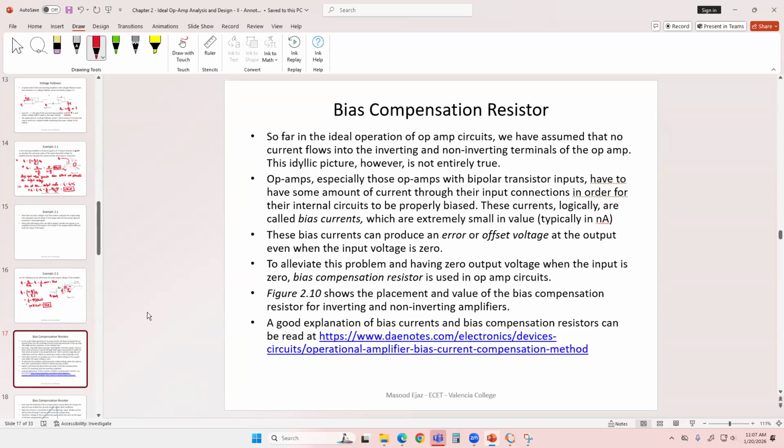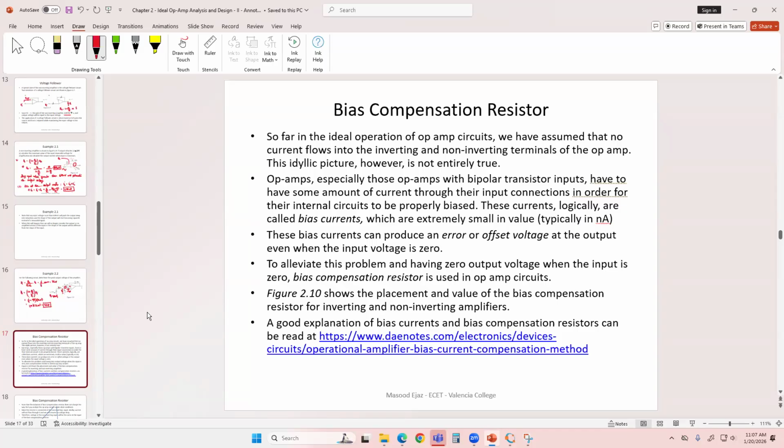They are usually very small, typically in nanoamperes. But when those bias currents flow in the positive and negative input, they can produce a small voltage at the output, and that's the offset voltage or error voltage generally.